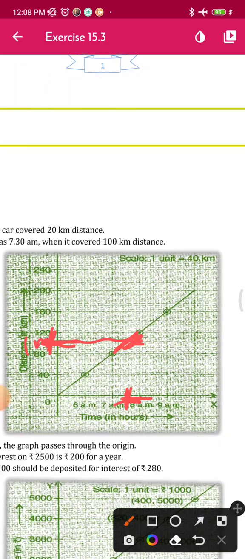So we have to find how much time is taken for the 100 kilometers. So we have to take the midpoint of 7 and 8. So 7:30 is the time, that means 7:30 a.m. is the time for covering the distance of 100 kilometers.